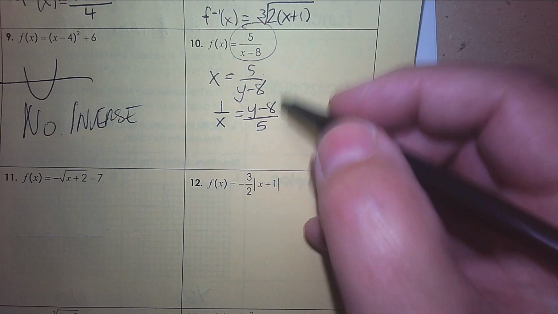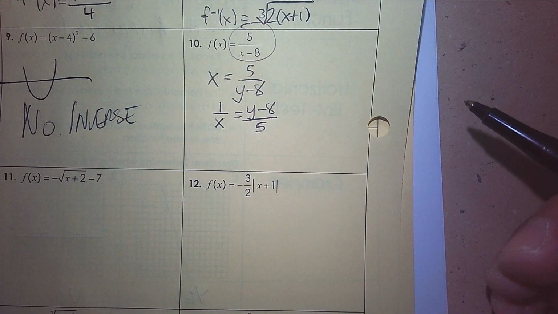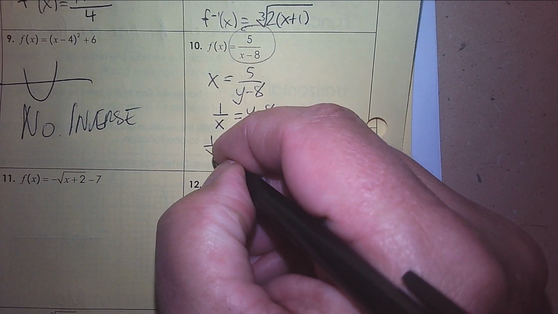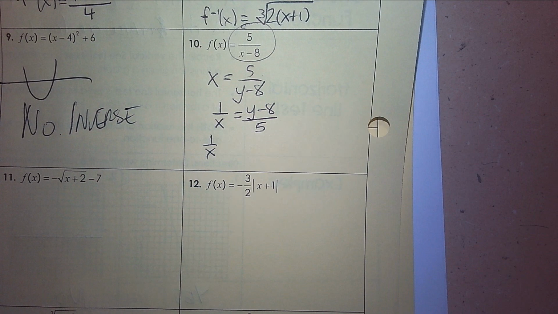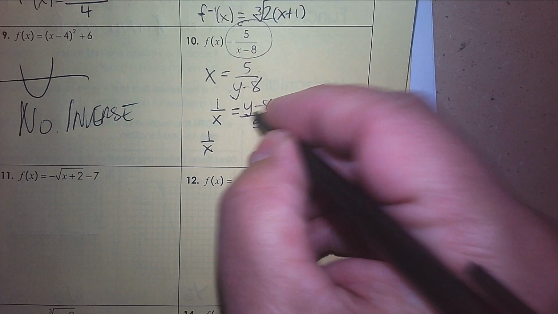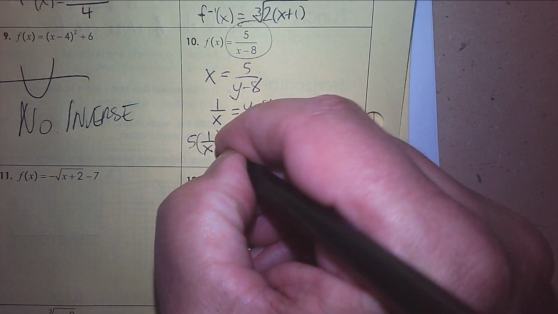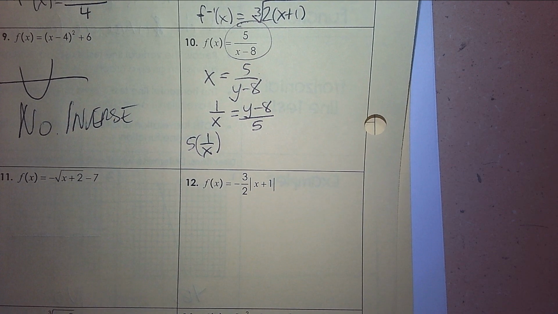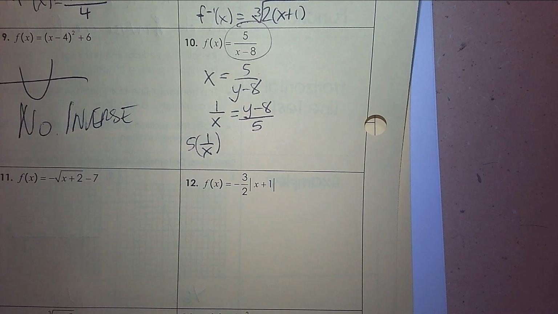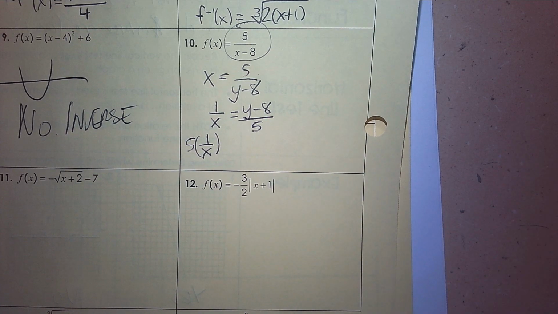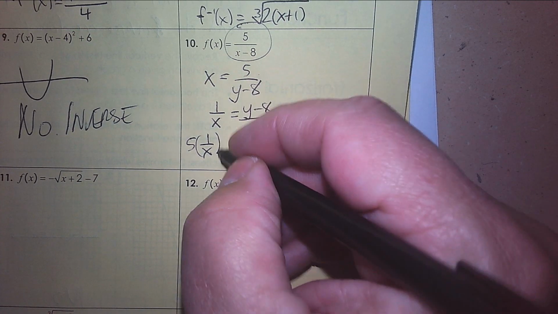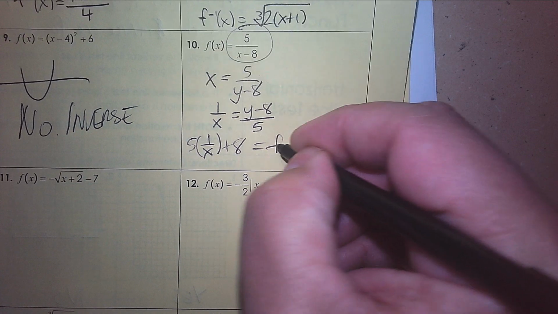Thomas, what would you do next to get y by itself? I am not going to simplify. Whatever operation I do, I just put it there, but I'm not worried about distributing or anything like that. So times 5, what would you do next? Done. So that is what's called the inverse.